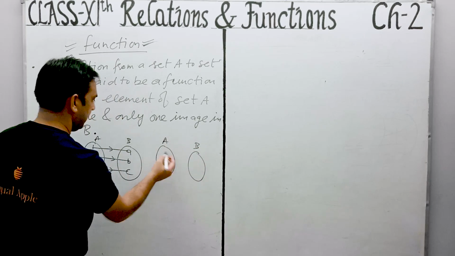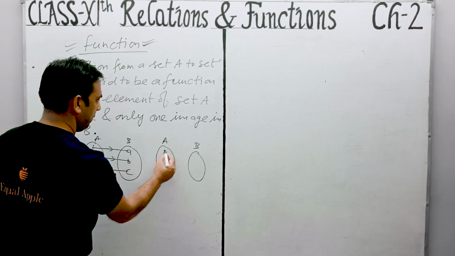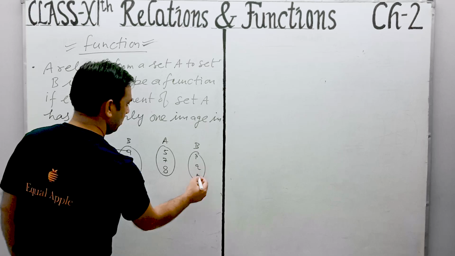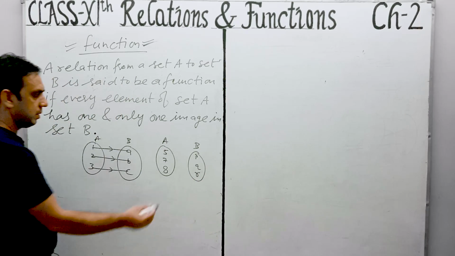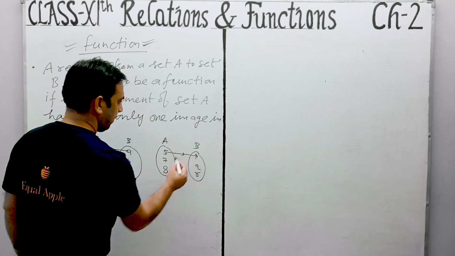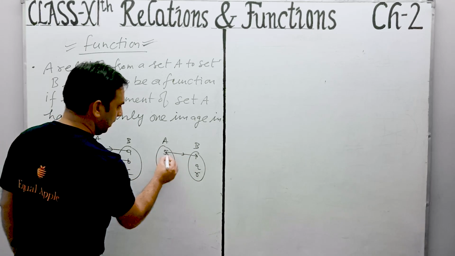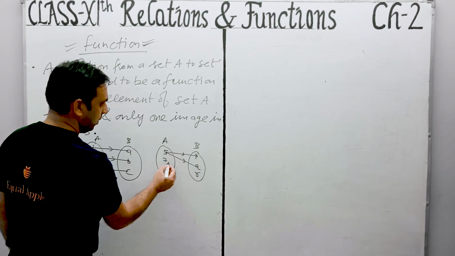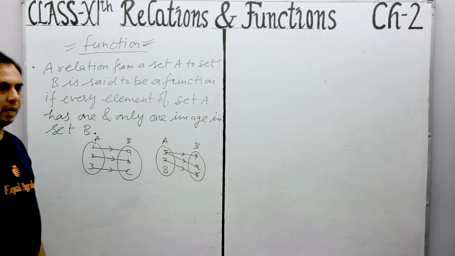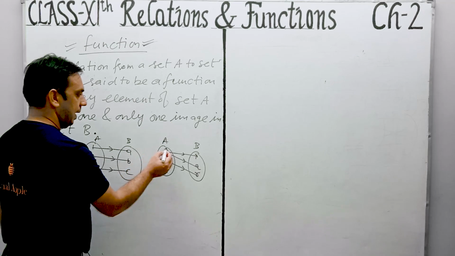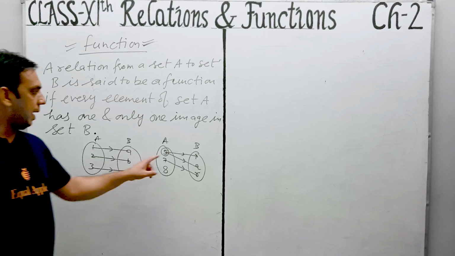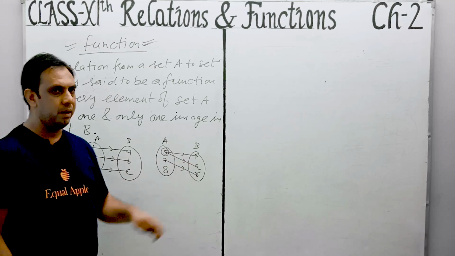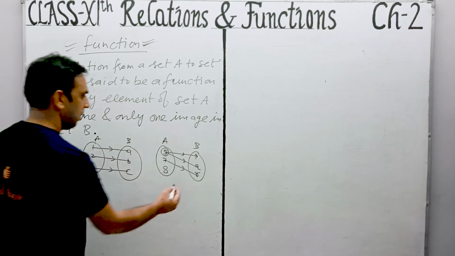If we have a set 5, 7, 8, and here you can see P, Q, R. If the image of 5 is P, and one more image of 5 is Q, and 7 has image R, here we can see the element 5 of set A has two images in B. So that's why we say that this relation is not a function.